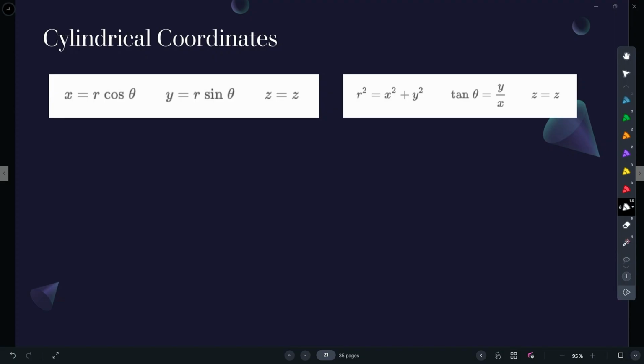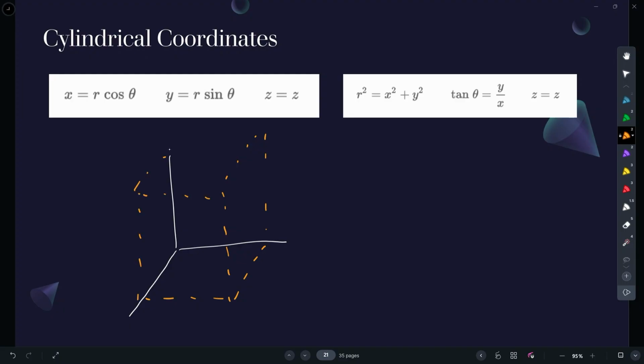If you've never seen cylindrical, this is how they work. Suppose I have a point. I'm going to draw some sort of box to describe this point right here. Then the way we describe it in cylindrical is drop it to the xy plane.